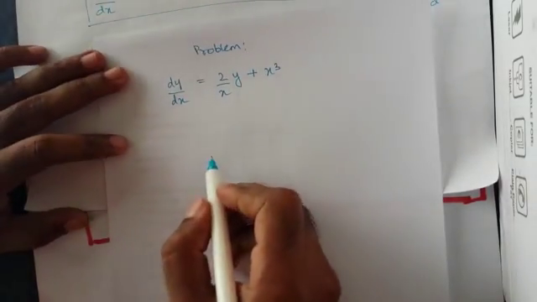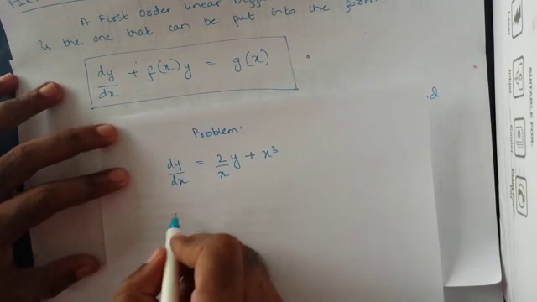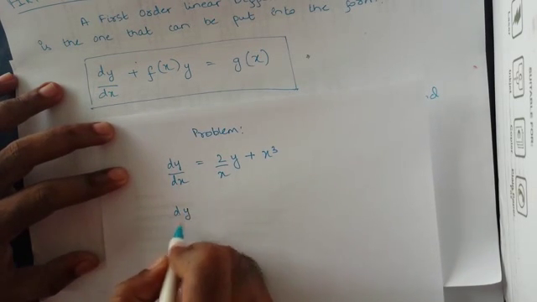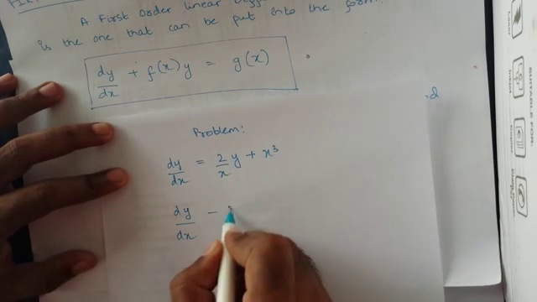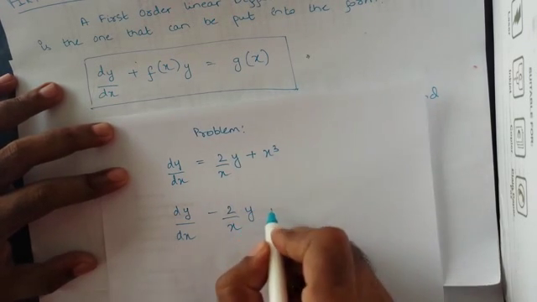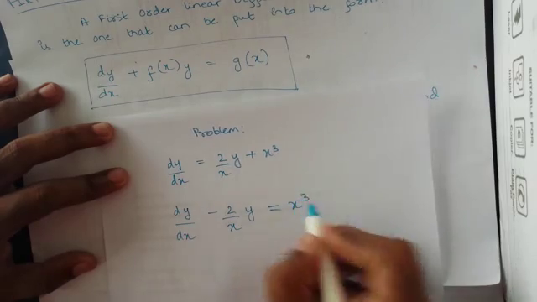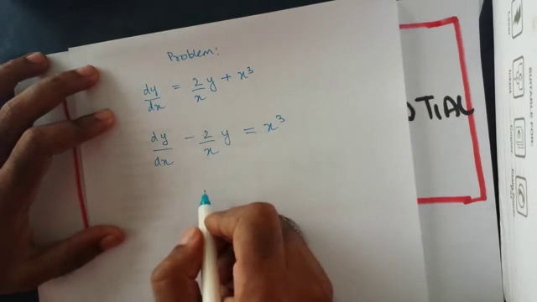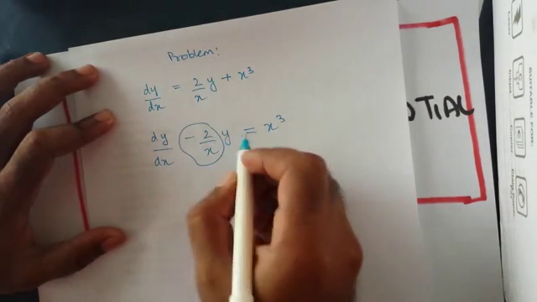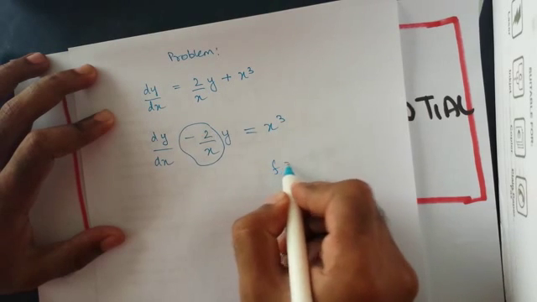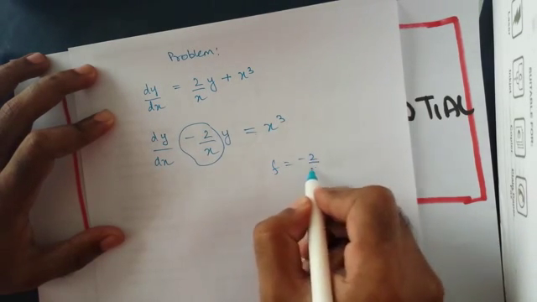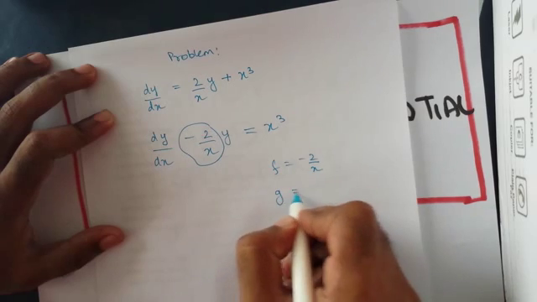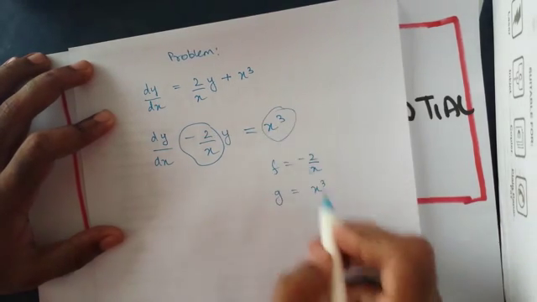So looking at this form, we bring the 2 over x term to the left side, so this becomes negative, times y equals x cubed. Our function f is negative 2 over x, and our function g is simply x cubed.